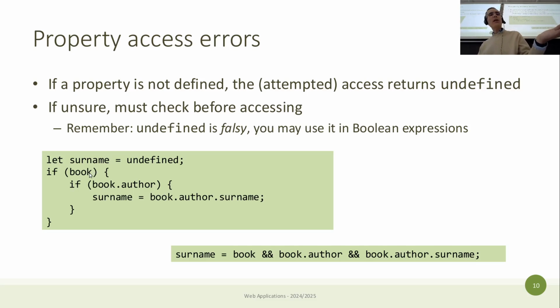That's why, typically, when you access properties of an object and you are not sure if they exist or not, maybe because the object has not been created by you, you check if the value is not undefined. Remember that undefined is one of the falsy values.